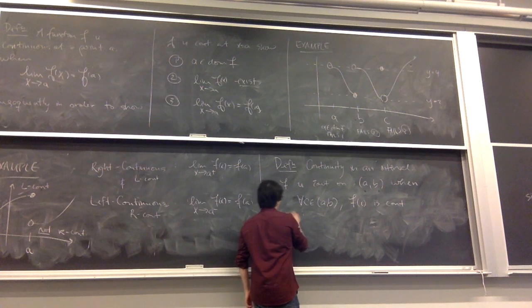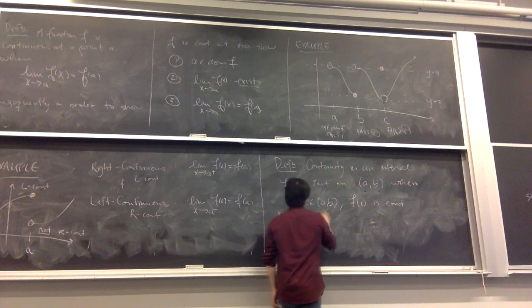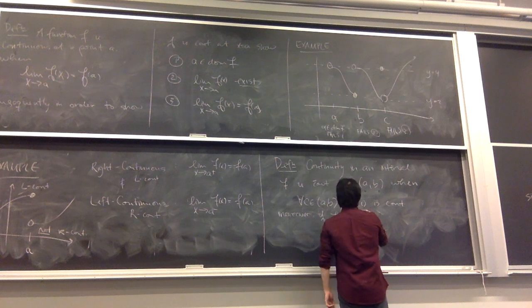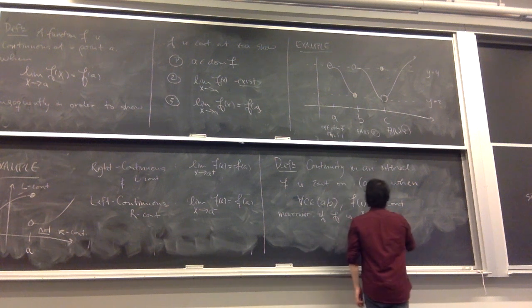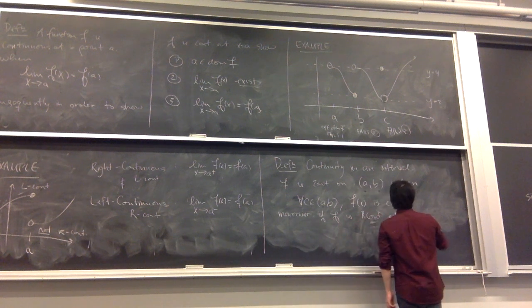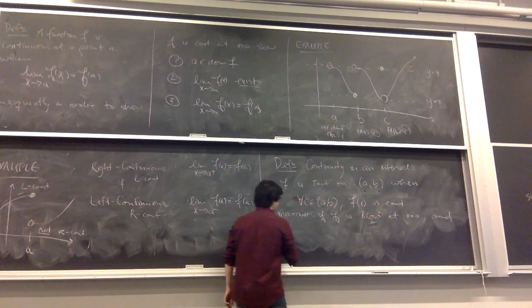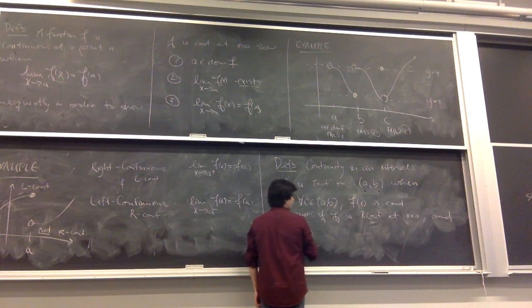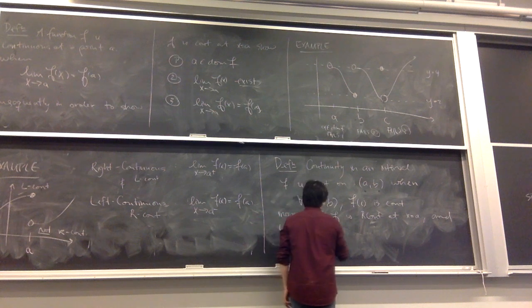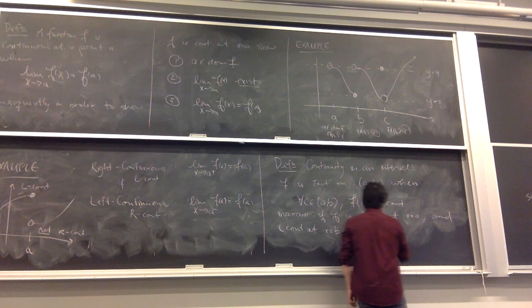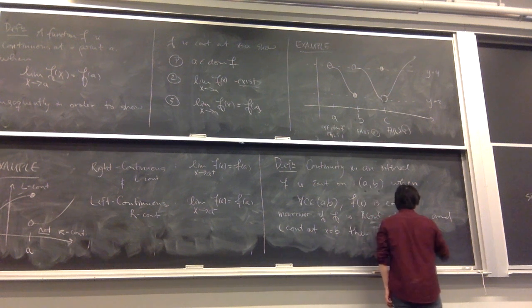Moreover, if f is right continuous at x equals a, the left endpoint, and left continuous at x equals b, then f is continuous on the closed interval.